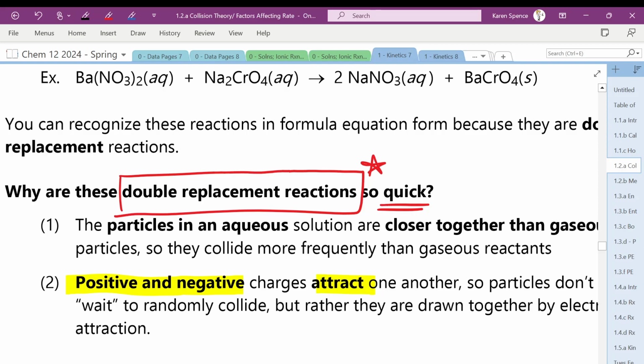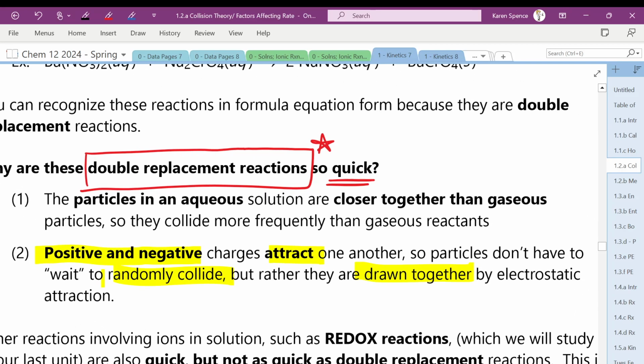So particles don't just have to randomly collide. They are drawn together by that attraction. Now, there's another reason as well that ions in aqueous solution are quick.